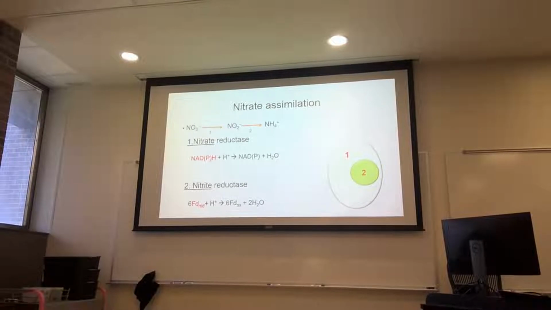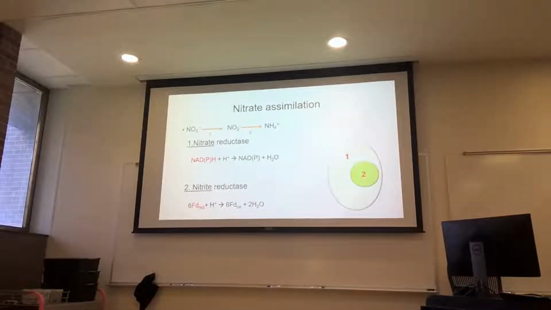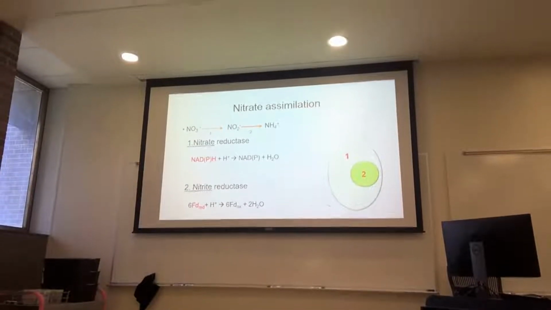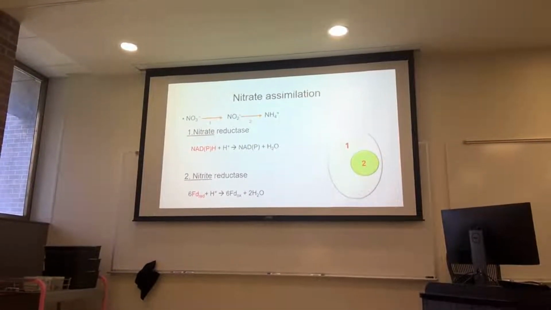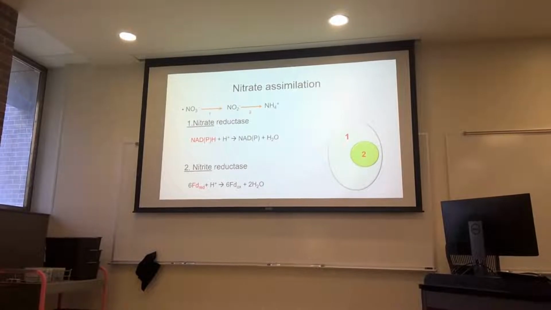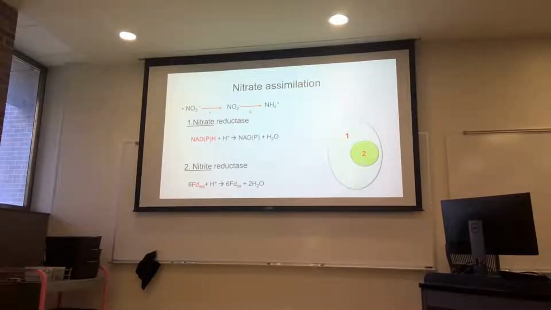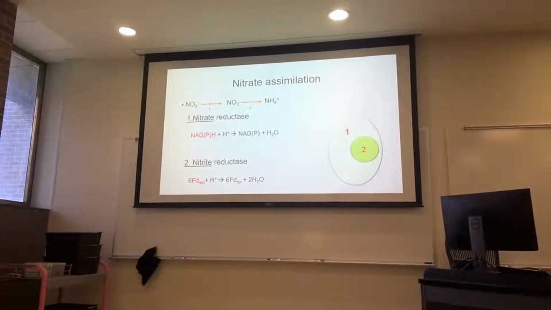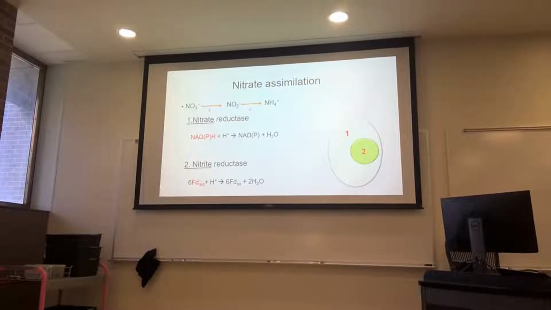So this is where we left off last class. We talked about nitrate assimilation, and then we talked about nitrate reductase, so two enzymes. We're going from the most oxidized form of nitrogen to the most reduced form of nitrogen. So there's two big reductase complexes. We're reducing it in two steps. One is nitrate reductase.